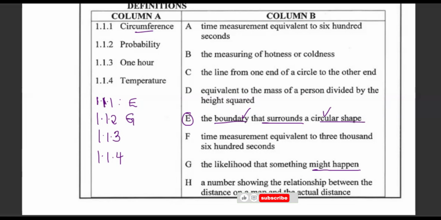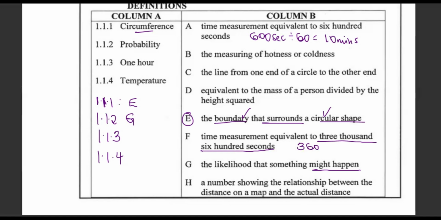1.1.3, 1 hour. The first one says time measurement equivalent to 600 seconds. 600 seconds, when we divide by 60, is 10 minutes. No, it's not an hour. But this one says 3,600, which is true, 3,600 seconds.